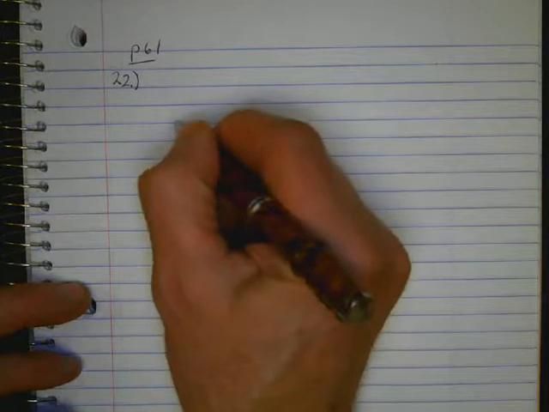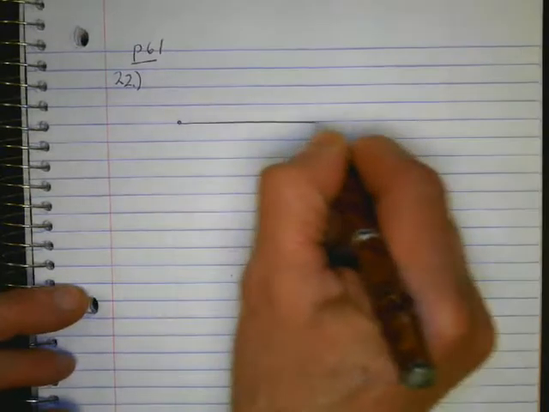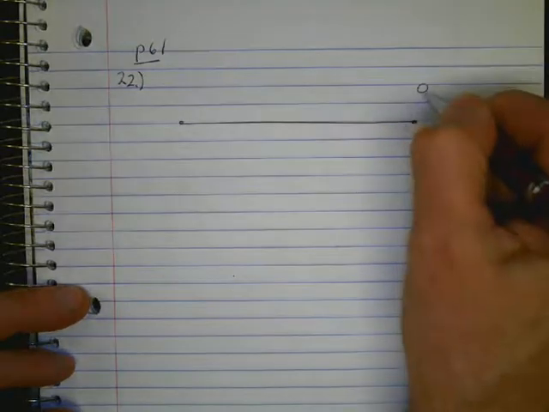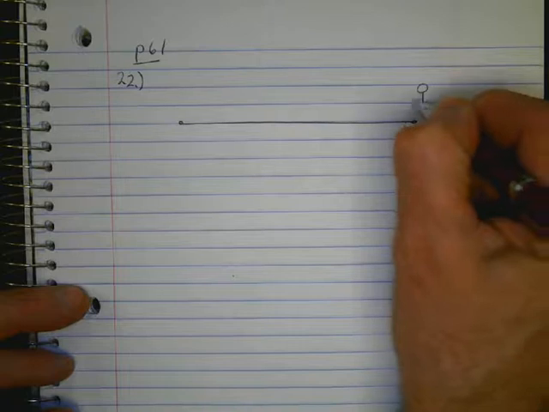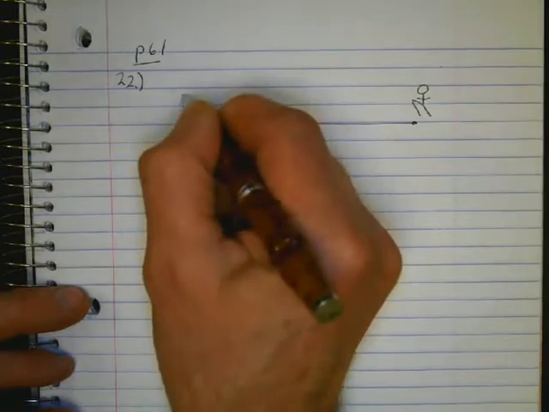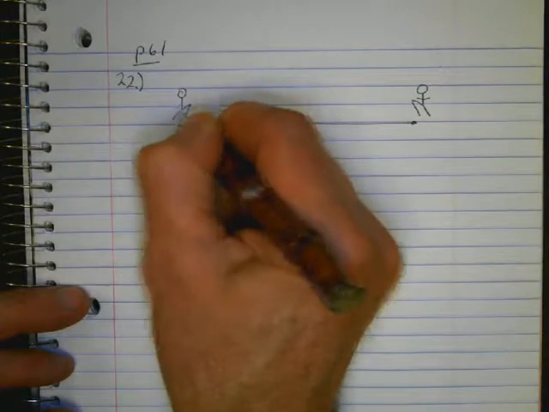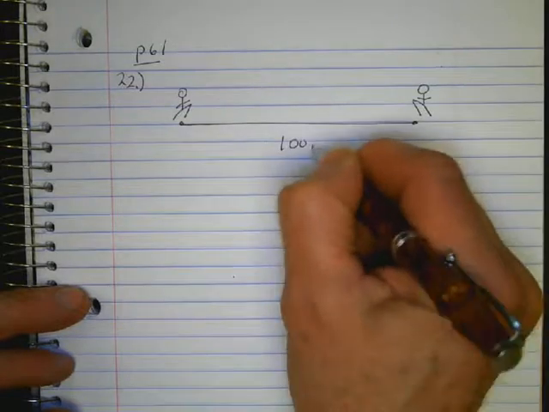So here is the beginning of runner 1, and here is runner 2. Runner 1 headed off in this direction, runner 2 approaching in this direction, and they are 100 meters apart. Always draw a picture for your problems and label these things.